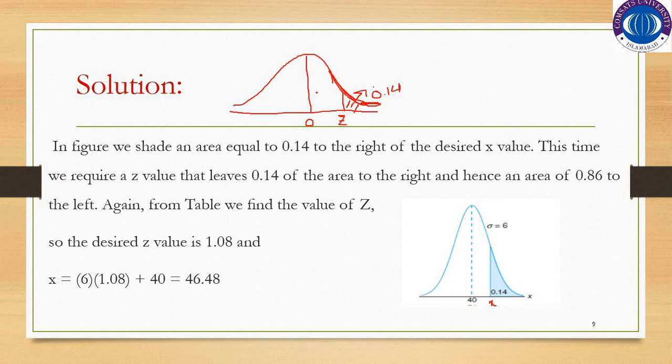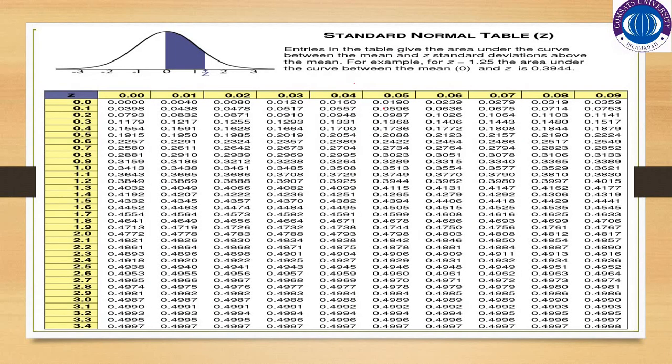So this is 0.14, and as we know all the area above the mean is 0.5. So this would be 0.5 minus 0.14, which will be equal to 0.36, and so as this area is 0.36, we will go to the table and we will locate here 0.36.